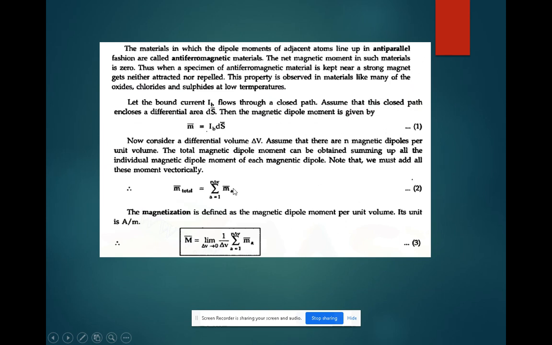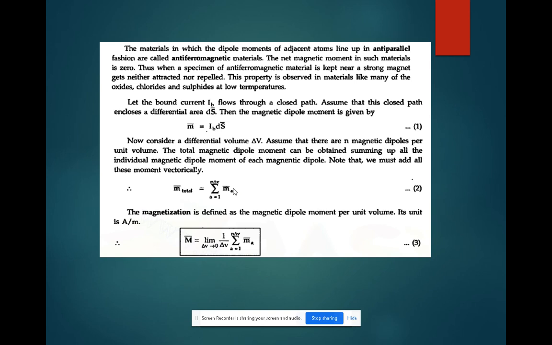Now consider materials in which the dipole moments of adjacent atoms line up anti-parallel. If the dipole moments are arranged in parallel, it is a ferromagnetic material. If instead they are anti-parallel, not parallel, it will be called an anti-ferromagnetic material. Here the magnetic moment will be zero.